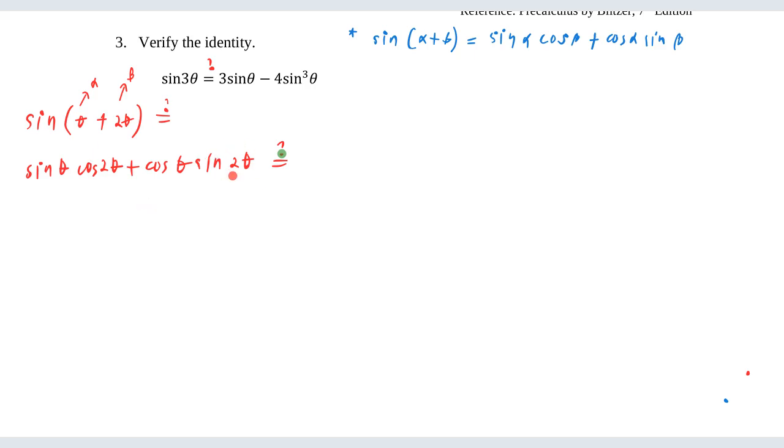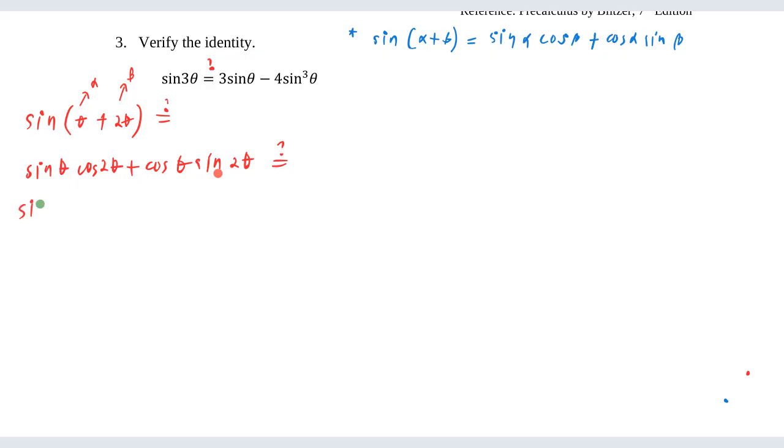I will now make these just single angles, since our goal is to have just single angles on that side. That's my goal: get rid of those multiple angles in each of those trigonometric functions. In this case, I still need to work on cosine 2 theta and sine 2 theta, so I will be applying their formulas.